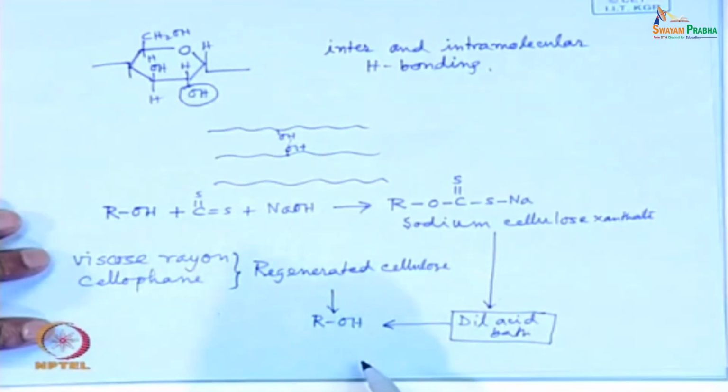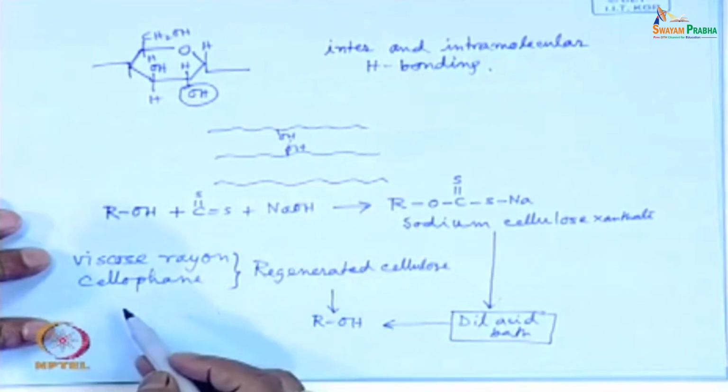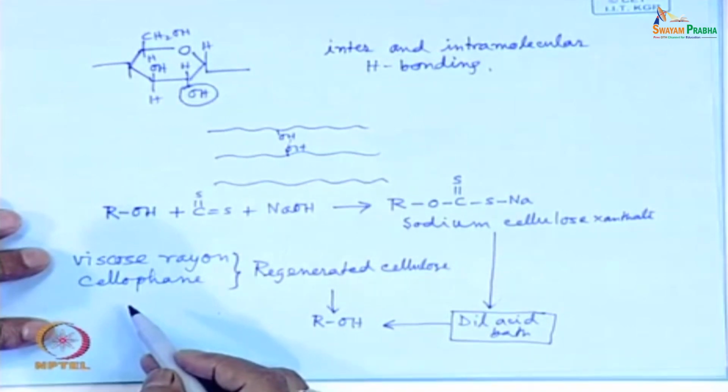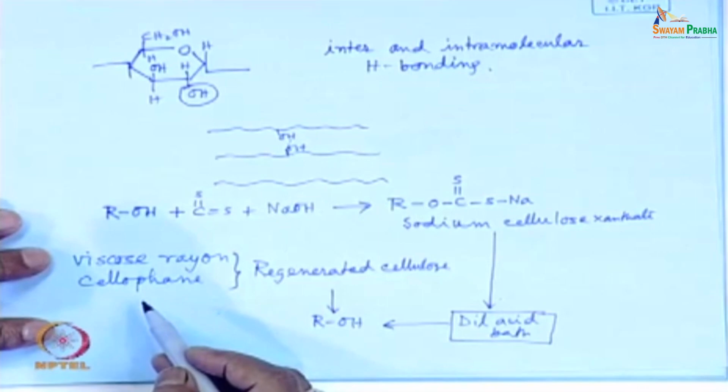Today, we are using this processed cotton as our garments. These processed cottons are soft, whereas raw cotton is very rough. The roughness of raw cotton is decreased by this viscose process, the mercerization process. Cellophane is nothing but regenerated cellulose film. How is this cellophane made? Rayon and many other products are obtained from wood pulp.